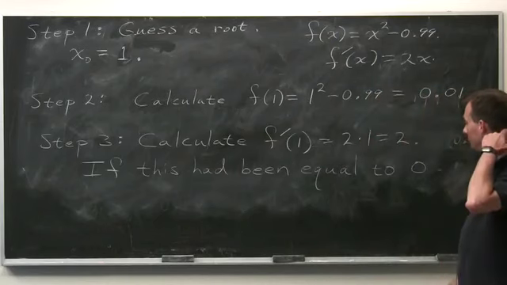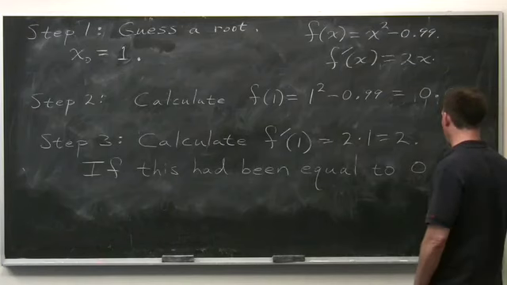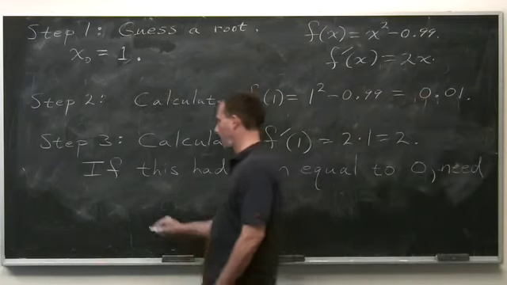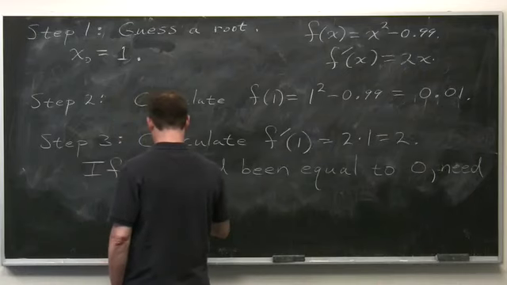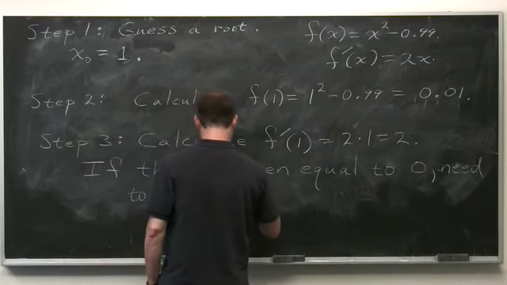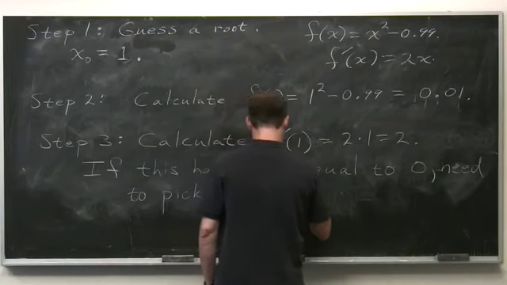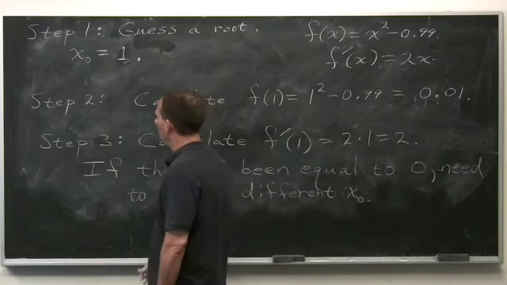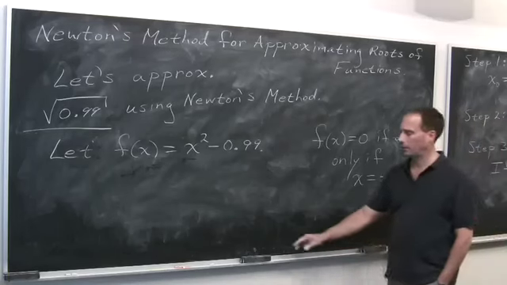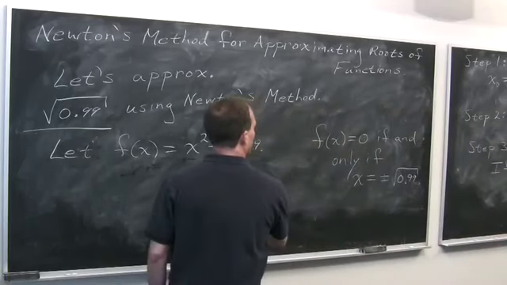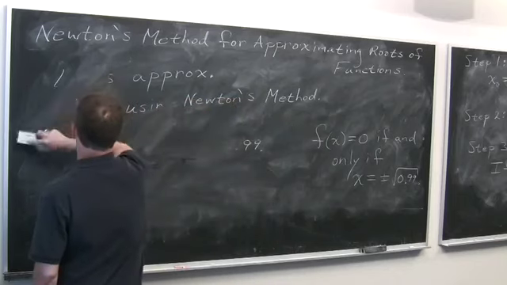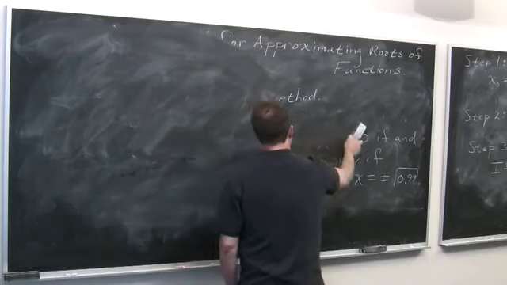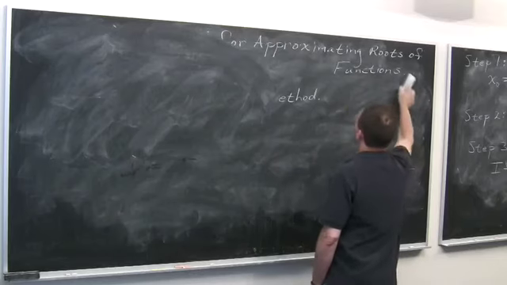And you would need to go back and pick a different x sub 0. But assuming f prime is not 0, which it isn't in our case, then what do you do? You hope that you're near a root.